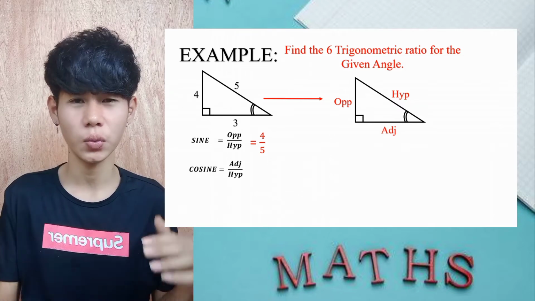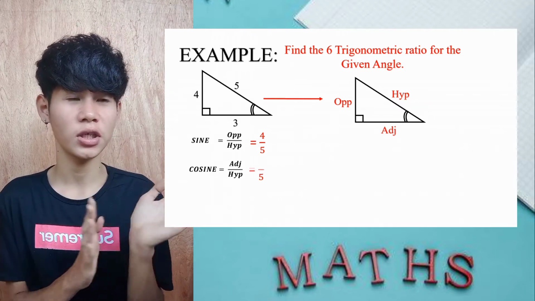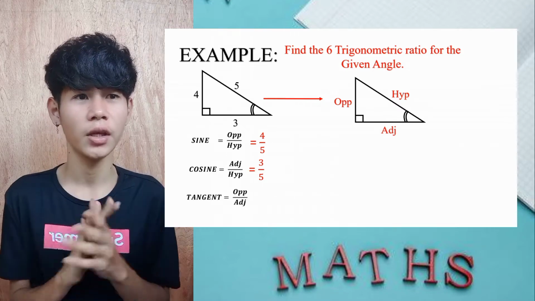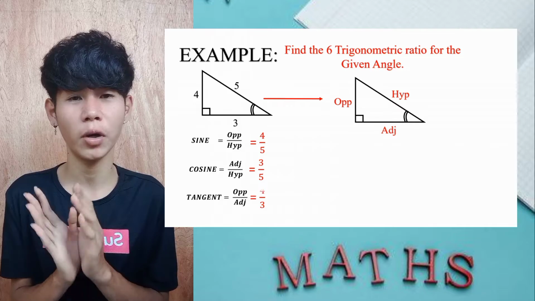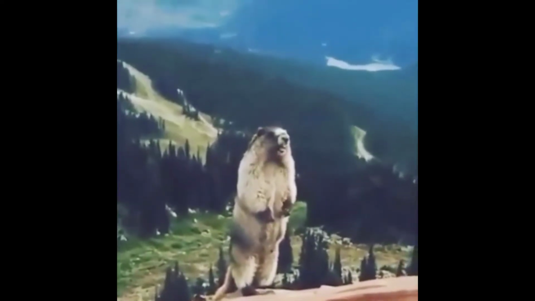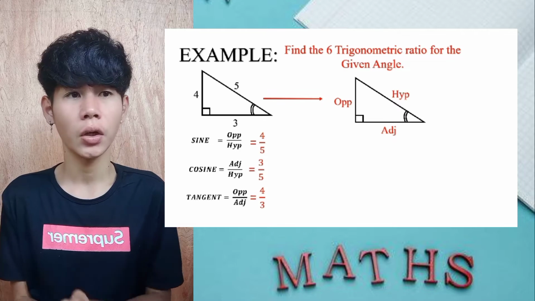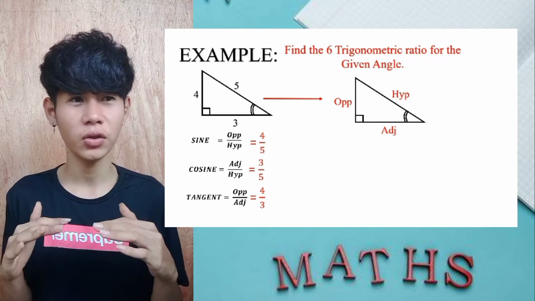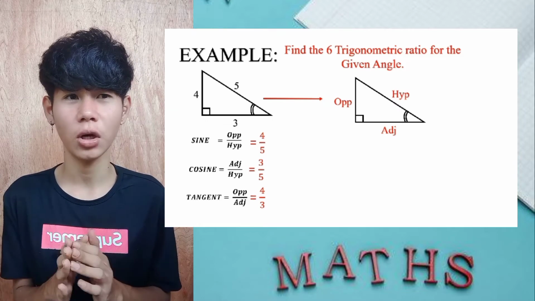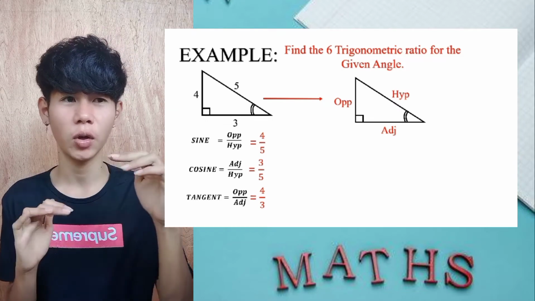the hypotenuse, and as you can see, the opposite is on this side, so it is 4 over 5. Then the cosine is adjacent over hypotenuse, so it is 3 over 5. The tangent is opposite over adjacent, so it is 4 over 3.